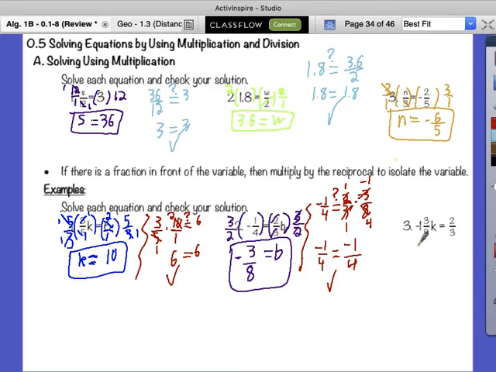So this is really negative 11 over 8, okay, is equal to 2/3. So we're going to multiply by the reciprocal, which is going to be negative 8 over 11. It still needs to be negative.